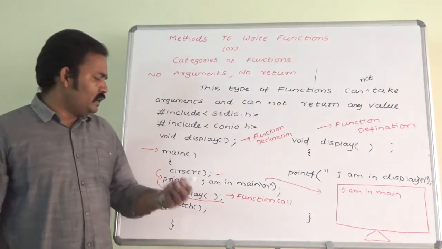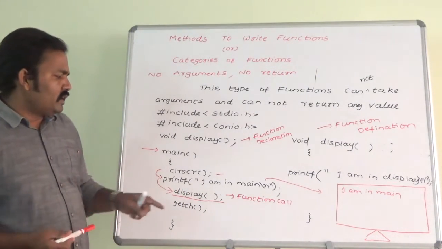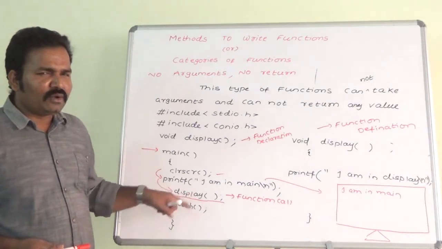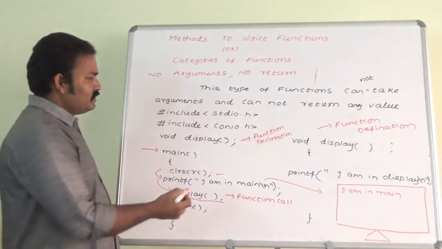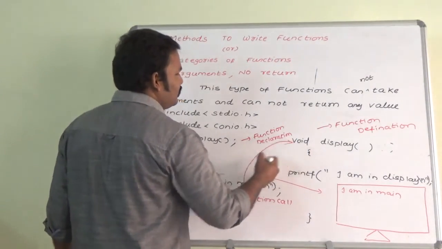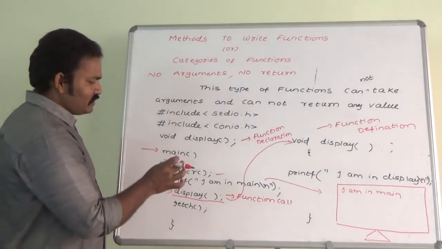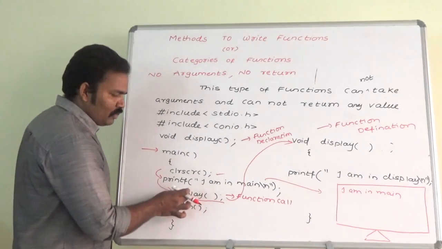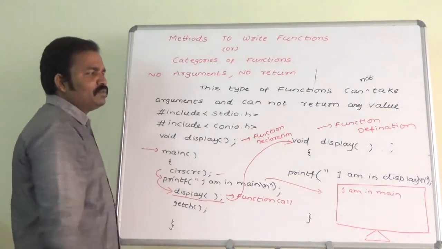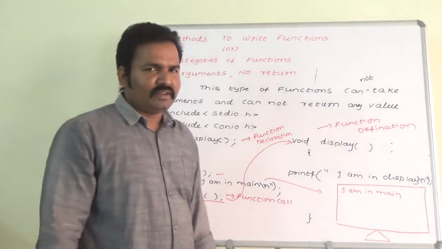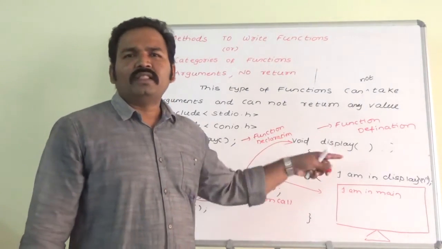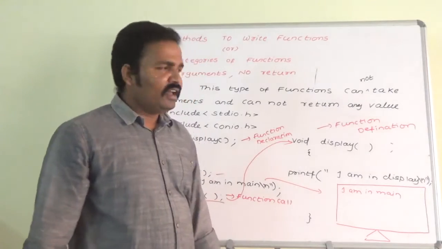So I already told you that whenever execution control encounters a calling function, the execution control is directly transferred to the function definition and executes all the statements in that function. Okay, right.